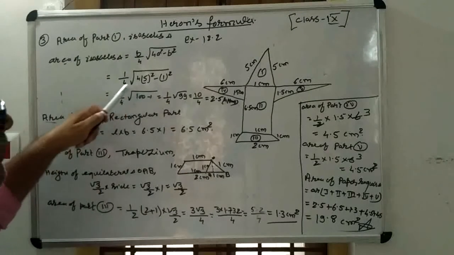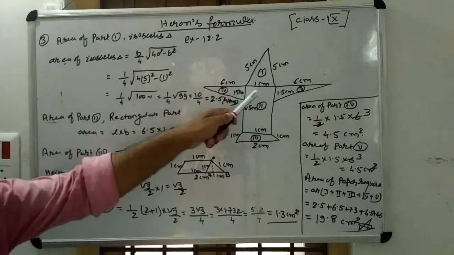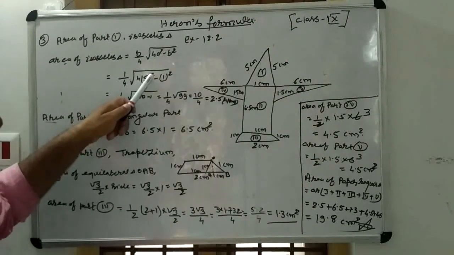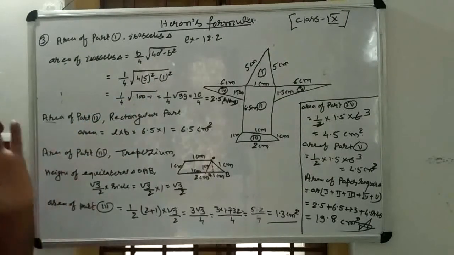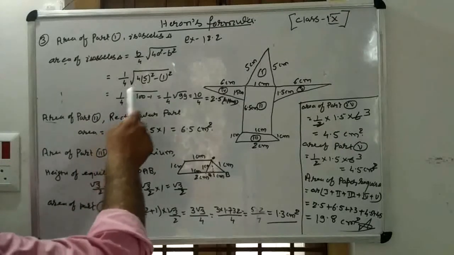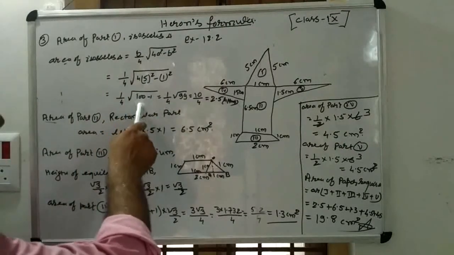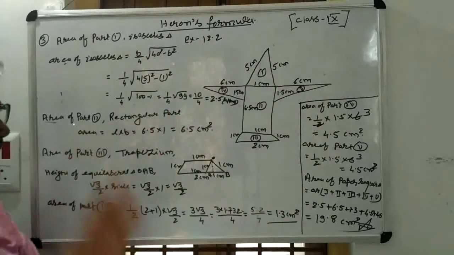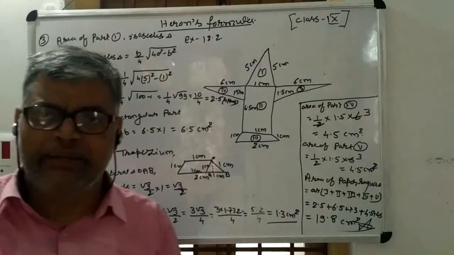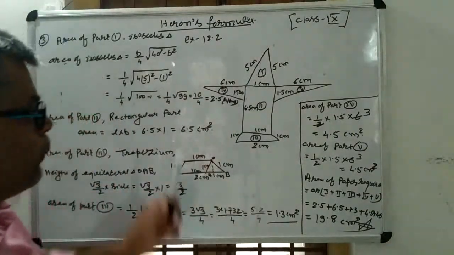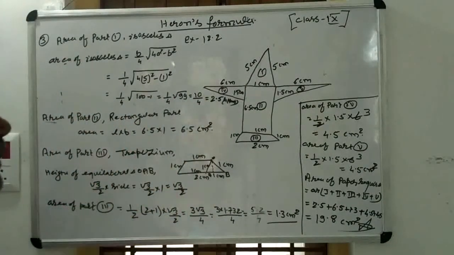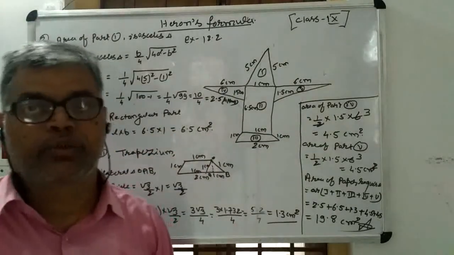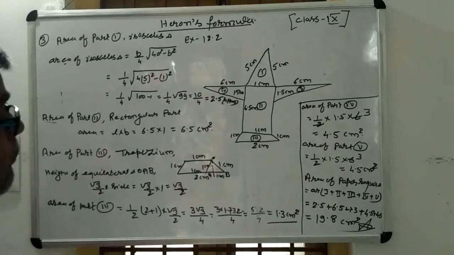On putting in all this, 5 is the equal side and 1 is the base, we have 1 by 4 under root 4 into 5 square minus 1 whole square, and 1 by 4 under root 25 into 4 will be 100 minus 1. So 1 by 4 under root 99, which we have taken approx 100. So I have written here 10 by 4, and when we divide it, we got 2.5 centimeter square as the area of the first part.